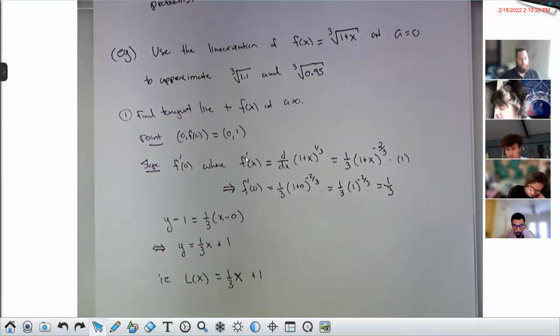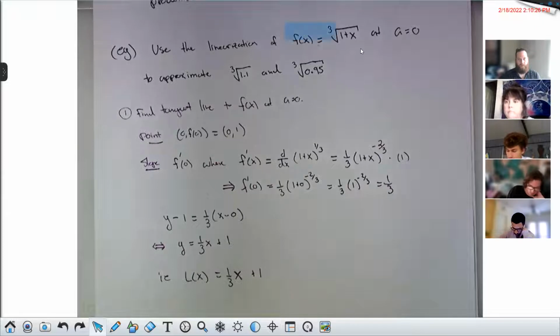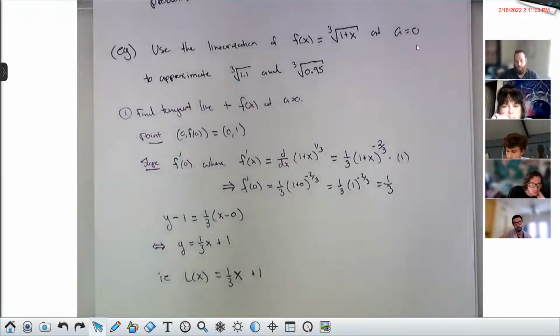And then we remember from our discussion on Wednesday that f of x is pretty close to L of x as long as we stay close to this base point. I would argue that 1.1 is not close to that base point, and then ask, is that going to be a problem for us? My goal is to approximate the cube root of 1.1, but I'm building my linear approximation at 0, and 1.1 is 1.1 away from 0.